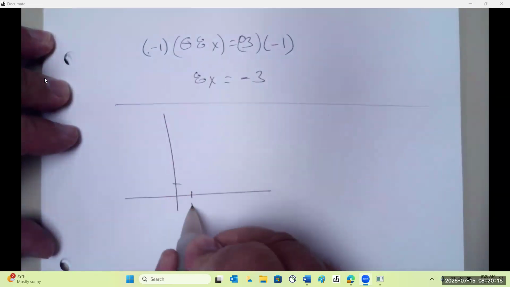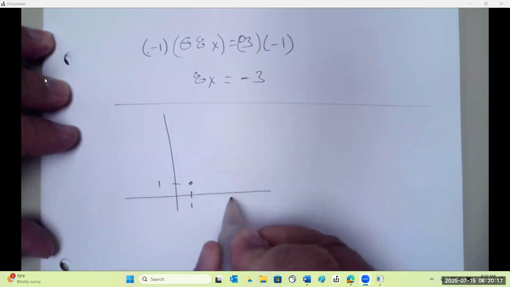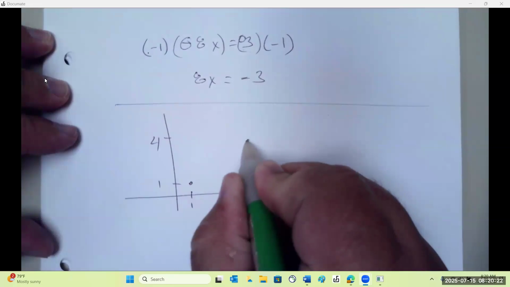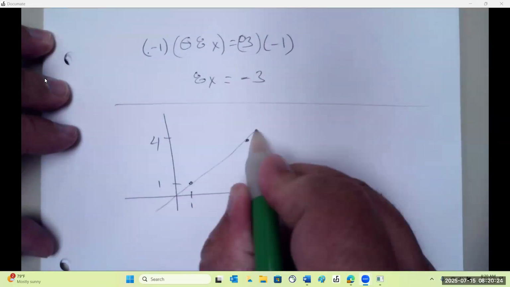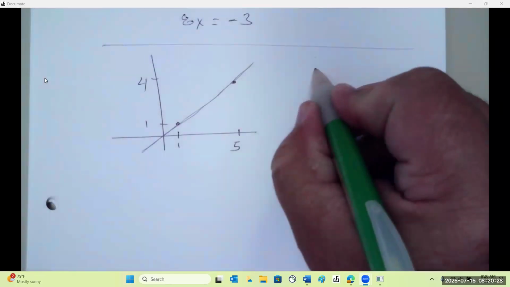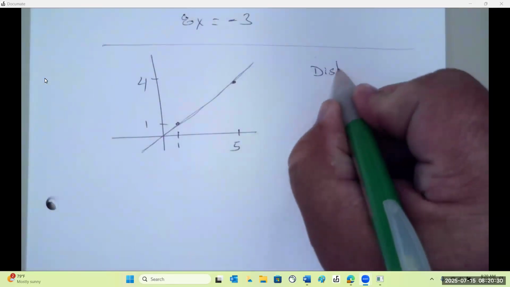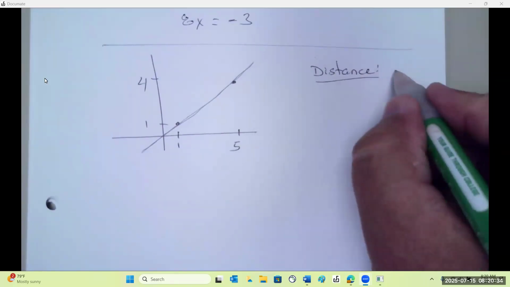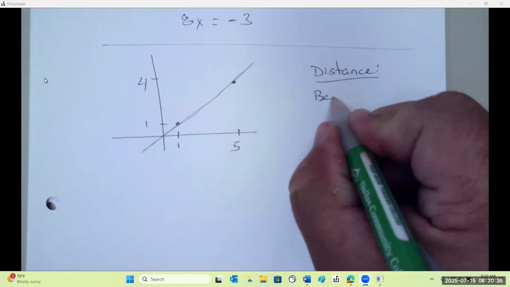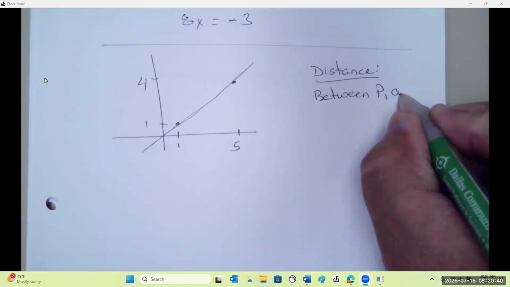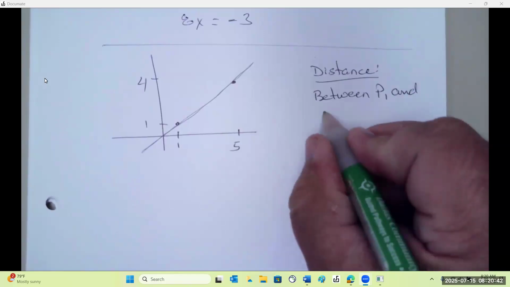The next thing I want to talk about is distance. The distance between point 1 and point 2.